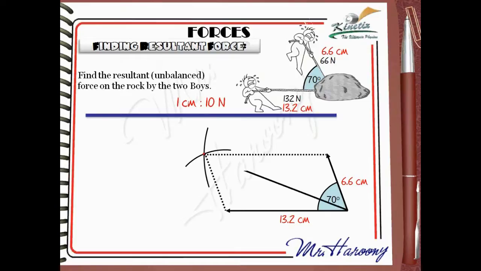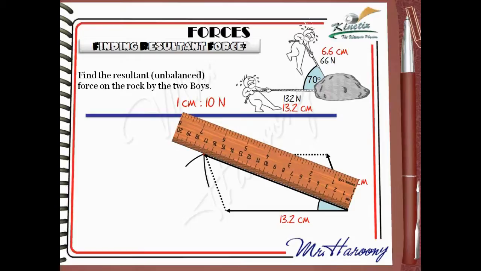Now draw the diagonal of the resulting parallelogram and measure its length using the ruler. The ruler shows that the length is 16.7 centimeters, which means that the resultant force is 167 newtons. Remember that the suitable scale you chose is 1 centimeter to 10 newtons.